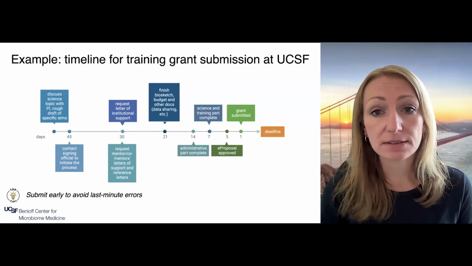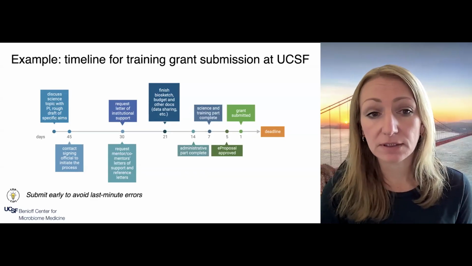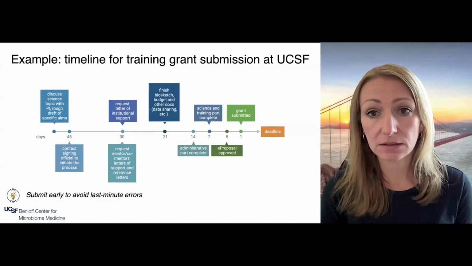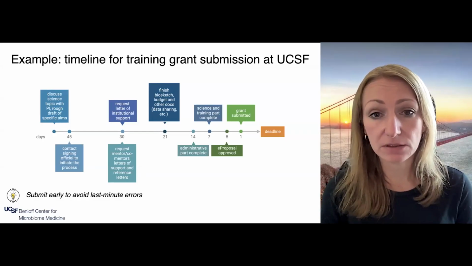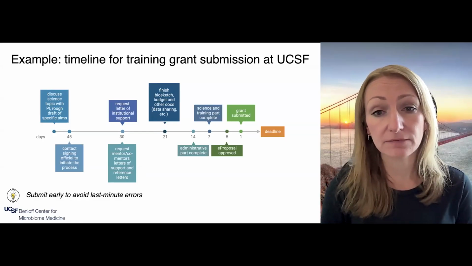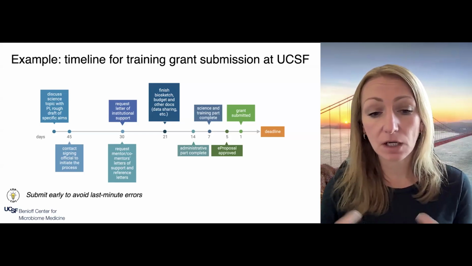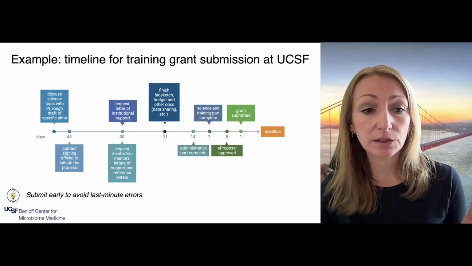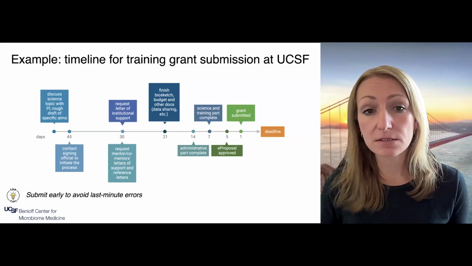So for that reason, the science and training components are handed to your signing official later, and they can be handed basically the day before the grant application is submitted, which should be at least 1 day in advance. This is because there is an automatic check from the NIH whether all the forms are in compliance.